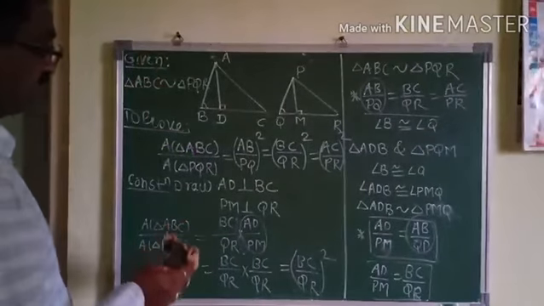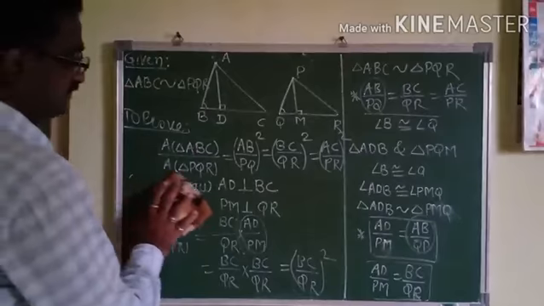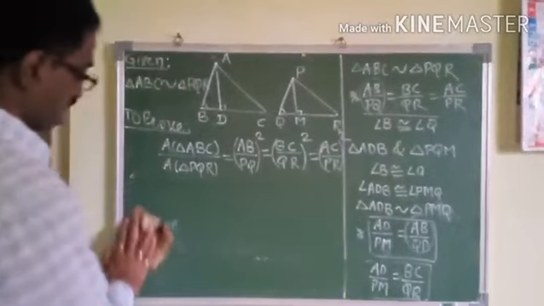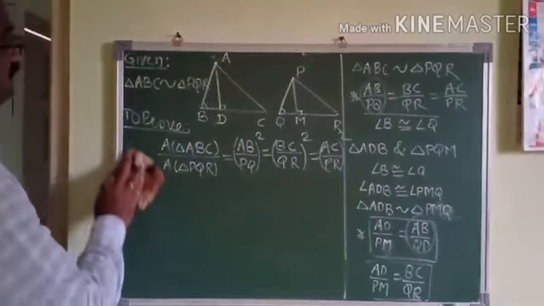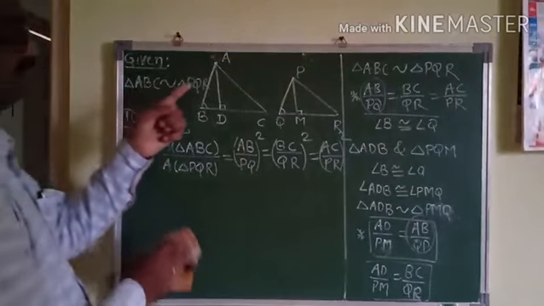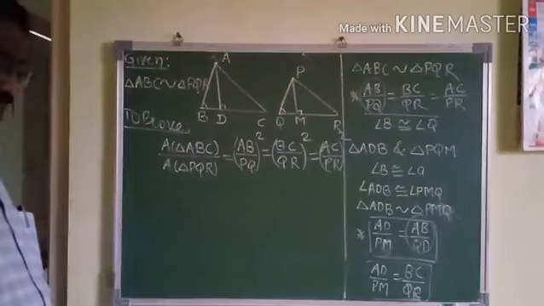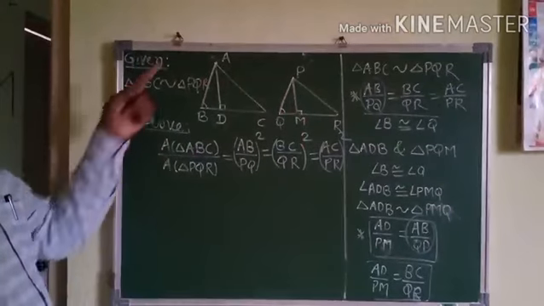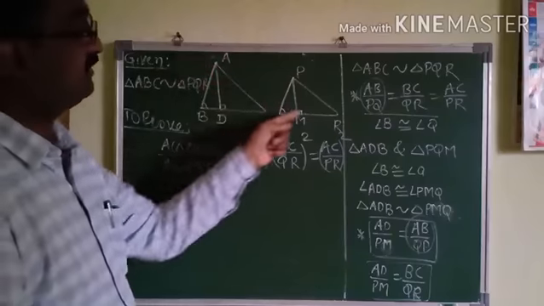So you got the steps. Now write down the steps one by one. We have written all these things. Draw this figure. Then given: triangle ABC similar to triangle PQR.